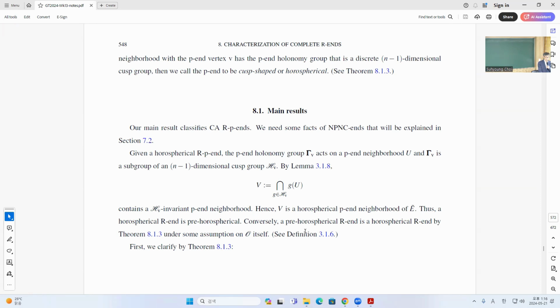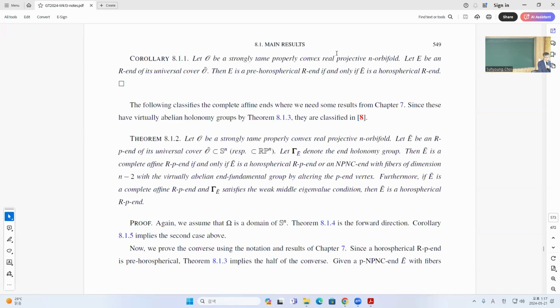Then it's called pre-horospherical. But also the pre-horospherical ones have to be horospherical, and we'll prove that. So 8.11 is that E is Rn and it is pre-horospherical if and only if it's horospherical. That's what we want to prove.